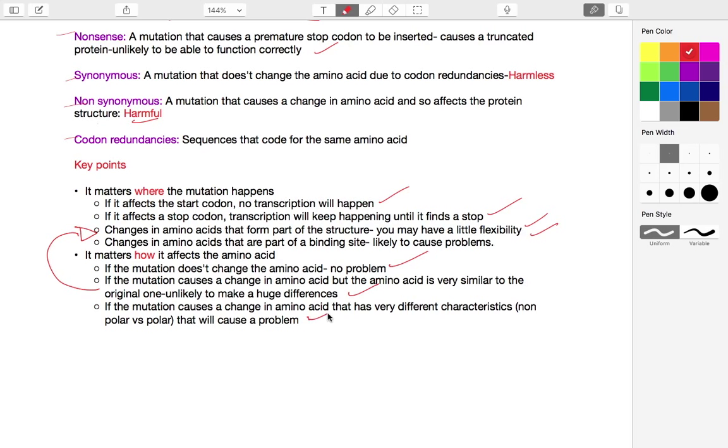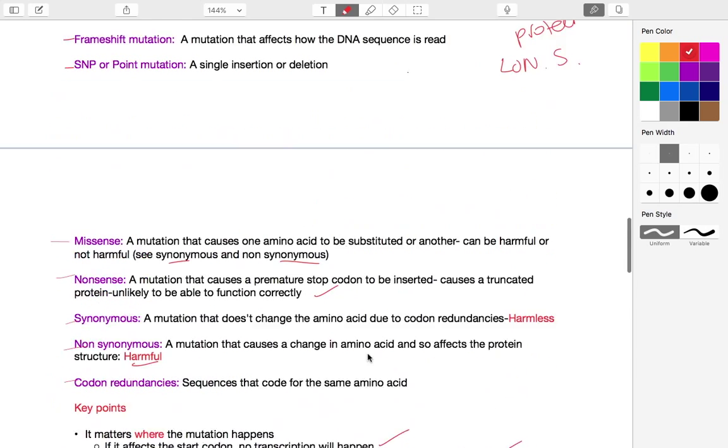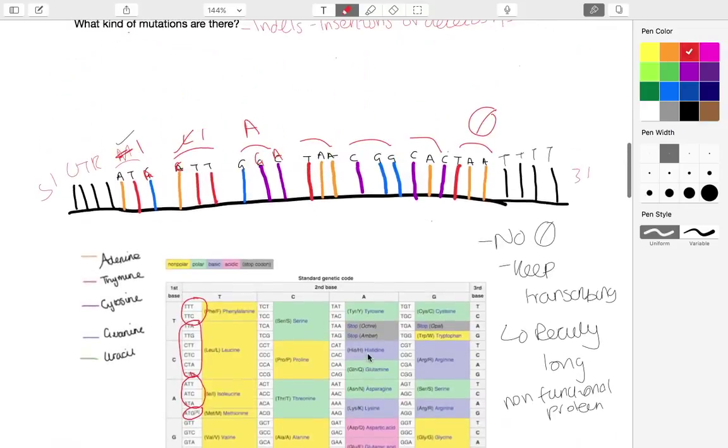Again, you may have some flexibility in the structure, it all just depends. But essentially, it all comes down to whether it makes any kind of difference or not, and where it is that amino acid is meant to be. If it's a very, very important amino acid, you know, it's in the binding site for something, then you probably have very little flexibility with what mutation you can get away with.